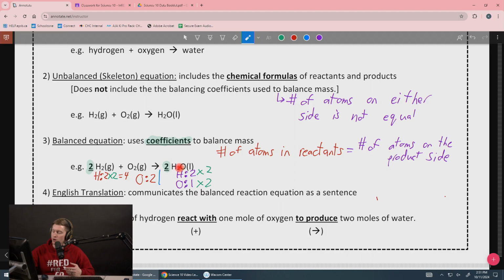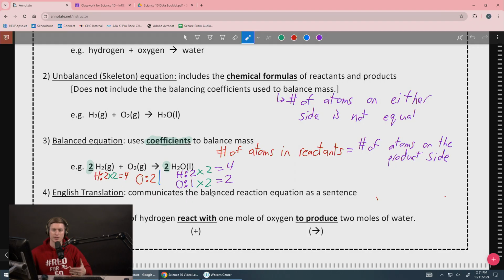So each water molecule has 2 hydrogens, 1 oxygen. We have 2 water molecules, which means in total we have 4 hydrogens and 2 oxygens. That's the same number of hydrogens and oxygens as we have on our reactant side. So we have not created or destroyed any atoms. We have the same number of atoms on this side as we do on this side.